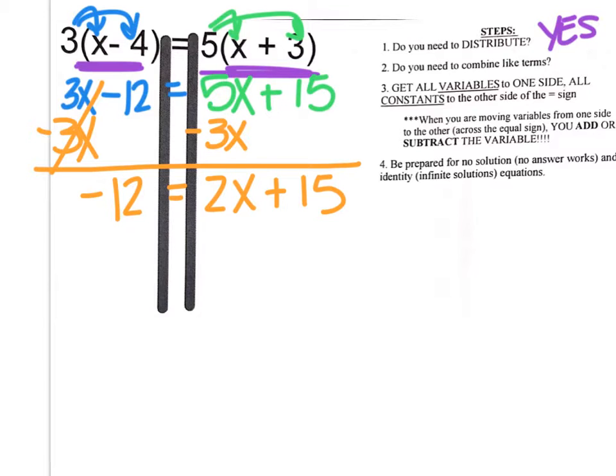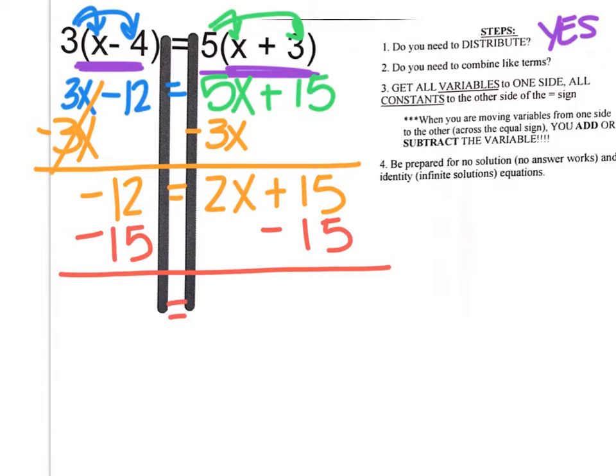Now, we moved all our x's, but now I need my constants away from that. So I'm going to get rid of this 15 and move it to the other side. What do you notice? I hope right now you're looking at this going, oh, I totally see it. So this is good. Our 15s are going to cancel out. Our 2x comes down. Negative 12 minus 15, same signs, add them up. So I'm going to keep my negative. I'm going to add, and I get negative 27.